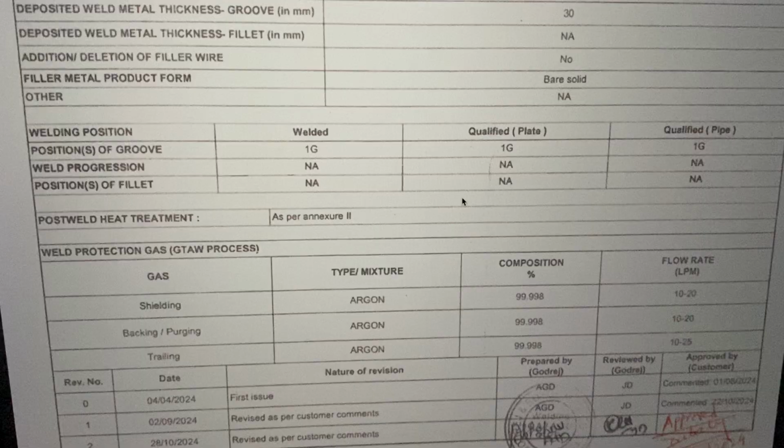That helps only in non-critical or very standard fabrication, where even AWS kind of codes are giving you permission to use a qualified material, qualified consumable, calibrated machines and a qualified welder, but do only WPQ mock-ups, that is welder's qualification or procedure qualification for the minimum gap, maximum gap, minimum angle, maximum angle, and ensure that your welders are able to demonstrate within the parameters which you are going to set for yourself.